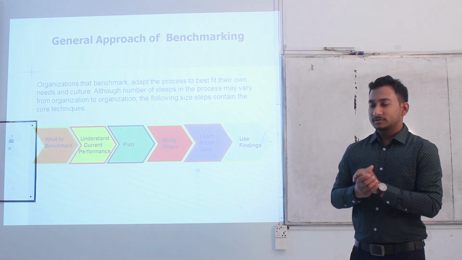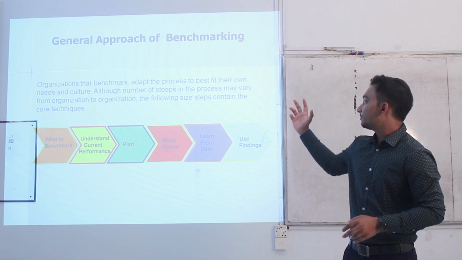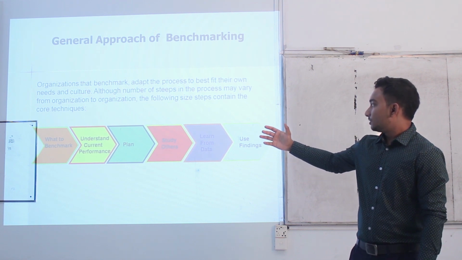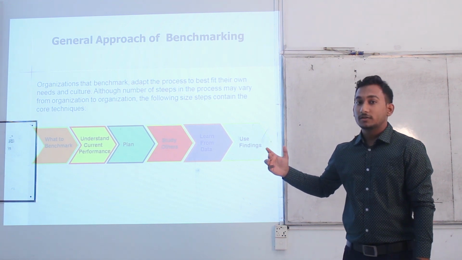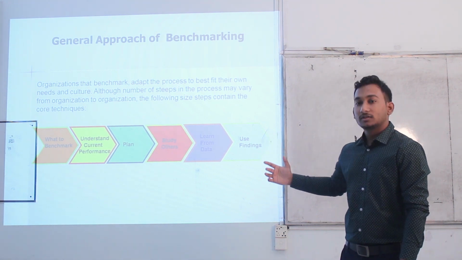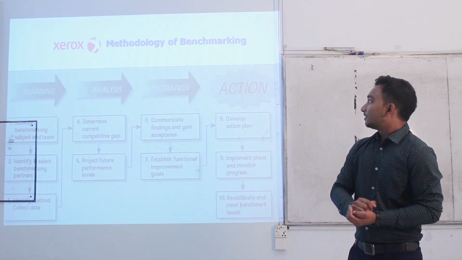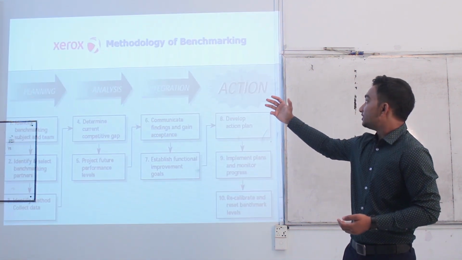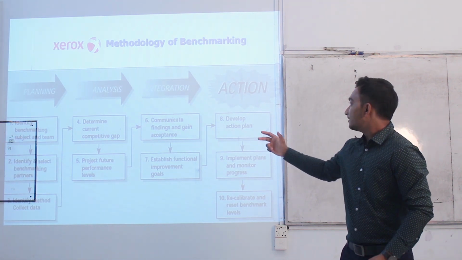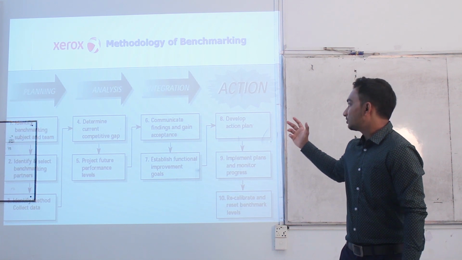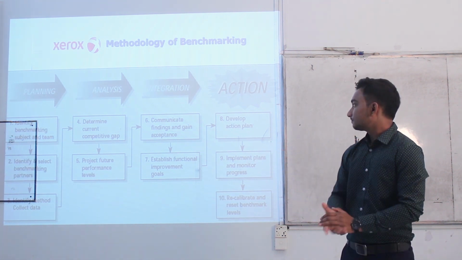There are some approaches of benchmarking, and this is the general approach of benchmarking, which starts with what to benchmark, understand current performance, and plan, study others, learn from data, and use the findings. And there is the Xerox methodology of benchmarking, which starts with planning, analysis, integration, and action, which includes different types of steps.